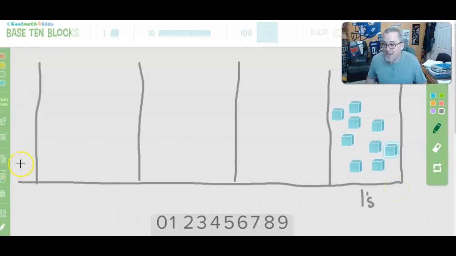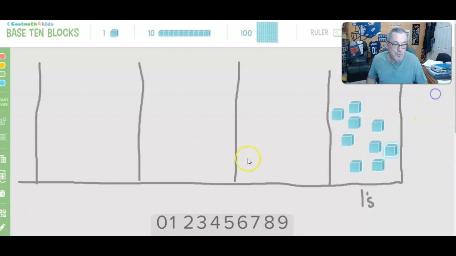But as soon as we get to more than 10 blocks, we have no symbols to use to represent those blocks. We have to take all those blocks and we have to group them. It won't let me. Huh.